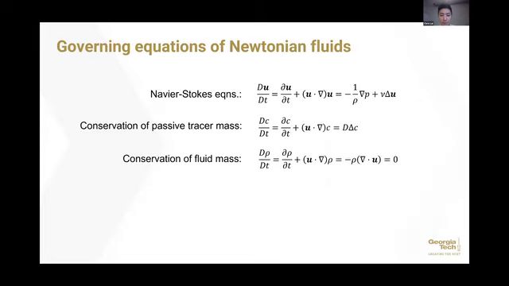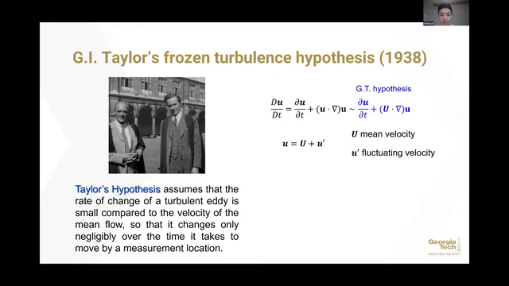I will skip the math here, but in a nutshell, what we are doing is we take the measurement data as the initial conditions to solve the Navier-Stokes equation. That is the idea. You take the initial data and basically solve the Lagrangian form of the Navier-Stokes equation. The concept originates back to G.I. Taylor's frozen cloud turbulence in 1938.